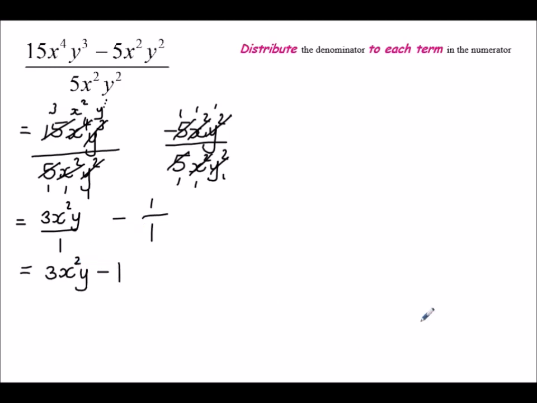Take note that if my numerator and denominator are the same, I'm going to have 1 as a result. If I've split the one term into two separate division sums, my answer must have two terms.